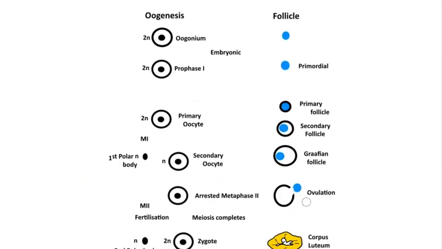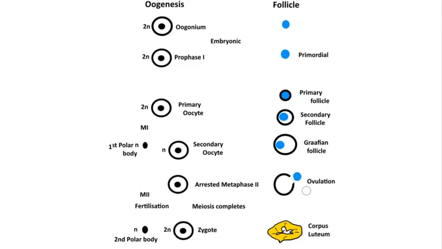Focusing on two aspects of this egg production, we have oogenesis, which are the phases of mitosis and meiosis that the cell will go through. And on the right-hand side, we're thinking about those cells which surround the egg cell, the follicular cells, and their development as we go through the phases of development of the female.